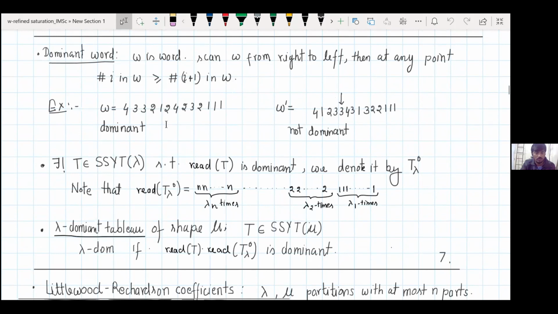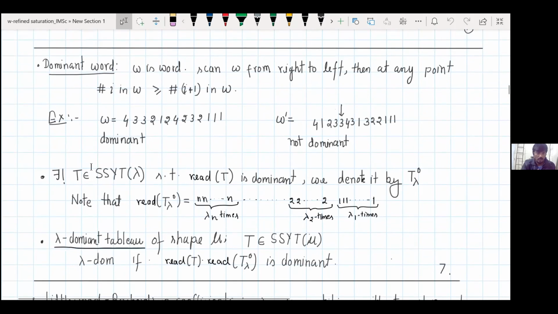That type of word is called a dominant word. For example, you can see this word is dominant. If you take w dash here, you can see it's not dominant, because the 3 here appears 3 times while the 2 appears only 2 times, so this word is not dominant.